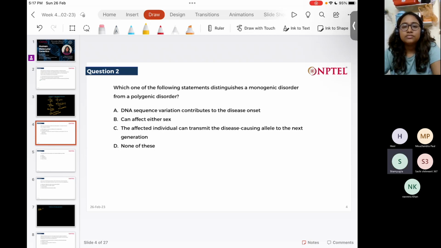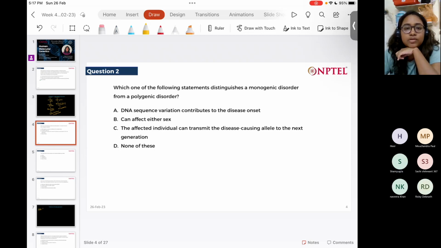I think option C, ma'am. Option C. So you're saying that monogenic and polygenic disorders are different in the way they are transmitted from one generation to the next generation, correct? I would say that you're wrong.